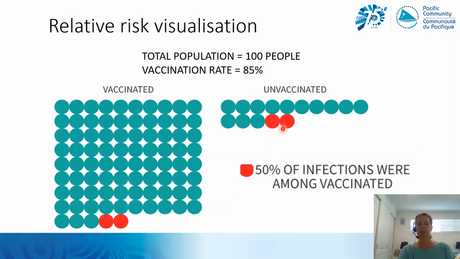So yes, 50% are in each group, but the relative risk among those vaccinated of becoming infected is 2 over 85 versus 2 over 15 in the unvaccinated. So here's where a bit more understanding of how to use and interpret data can come in handy to actually influence in a good way.